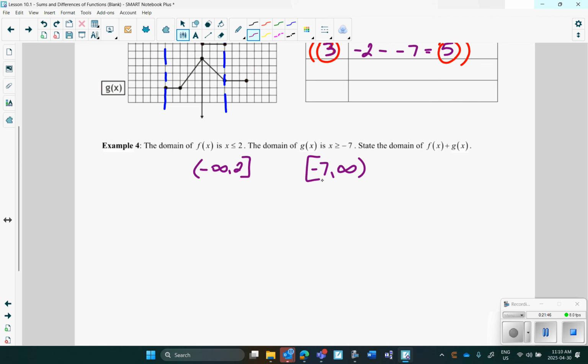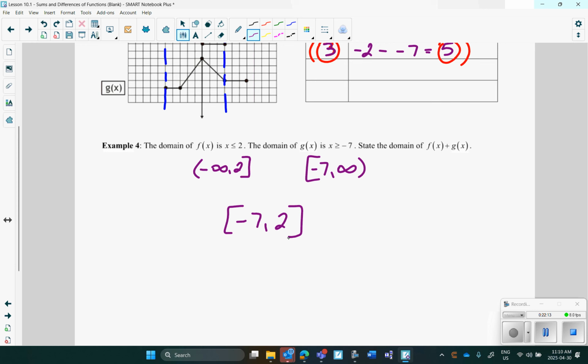So is -6, -5, -4, -3, -2, -1, 0, 1, 2, but I can't go higher. I can go higher here, but I can't go higher than 2. So I can't go lower than -7 and higher than 2. So therefore, it's going to be from -7 to 2. It's going to be like that.